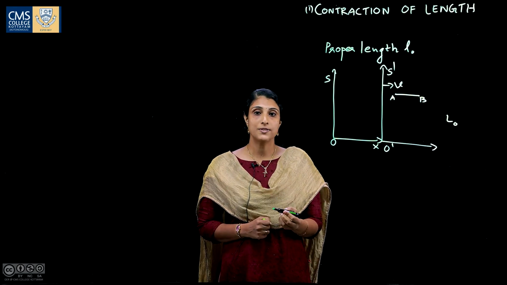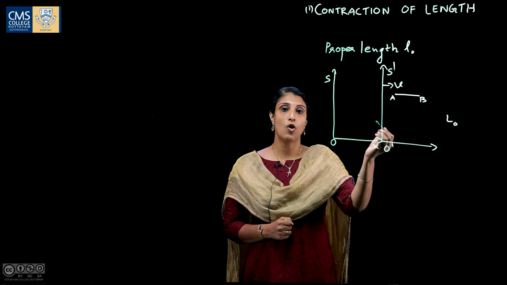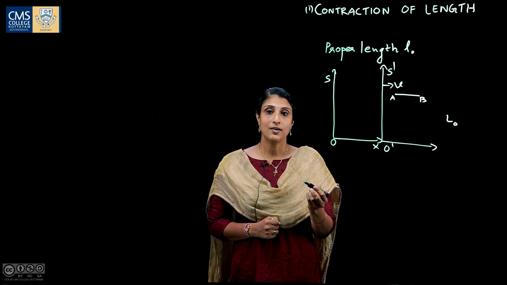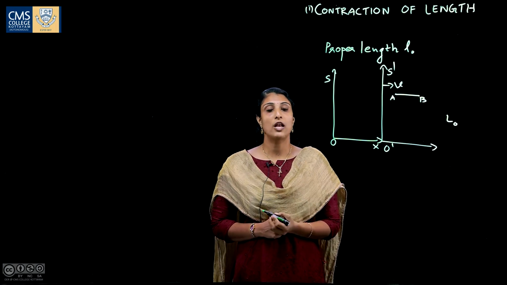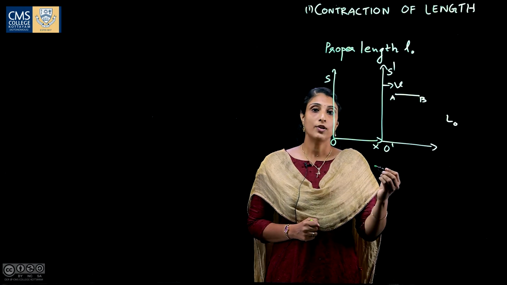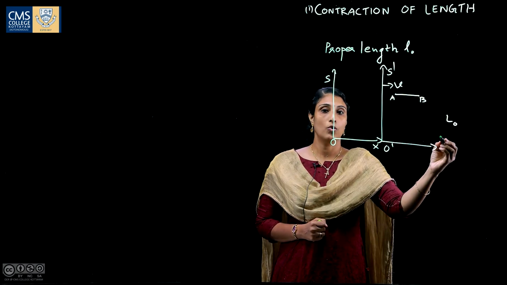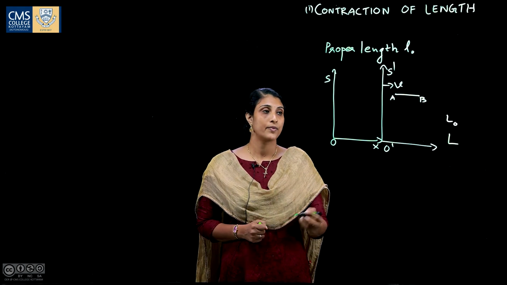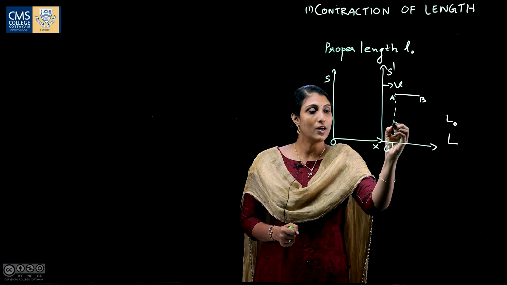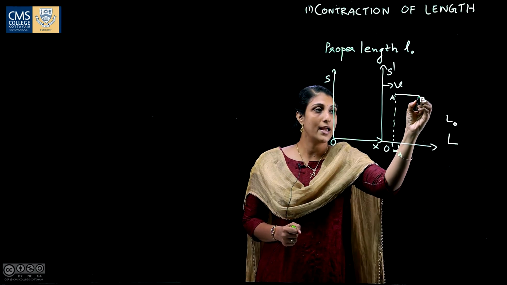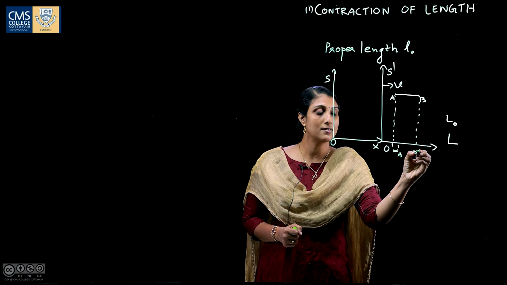And for the observer O, since the rod is situated in the S dash frame, the rod is moving with a velocity v. So, the length of the rod measured by the observer O is denoted as L and it is the relative length.